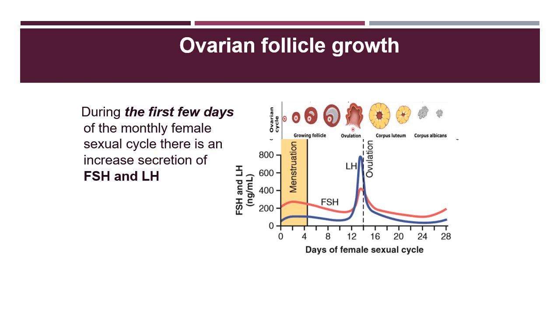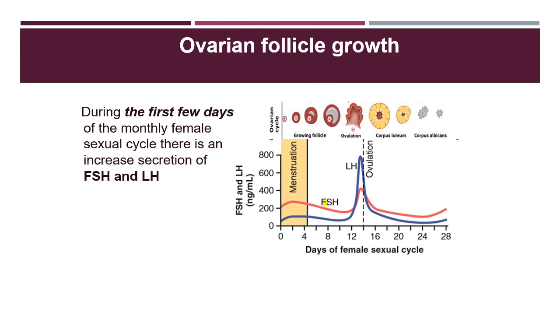Indeed, the cyclical changes in the rates of secretion of both anterior pituitary hormones FSH and LH will affect the growth and development of the ovarian follicles.